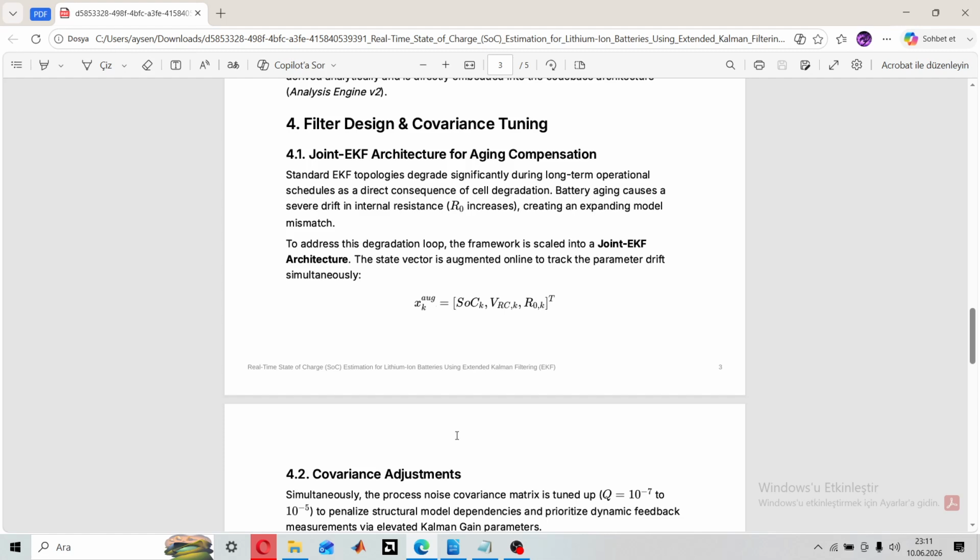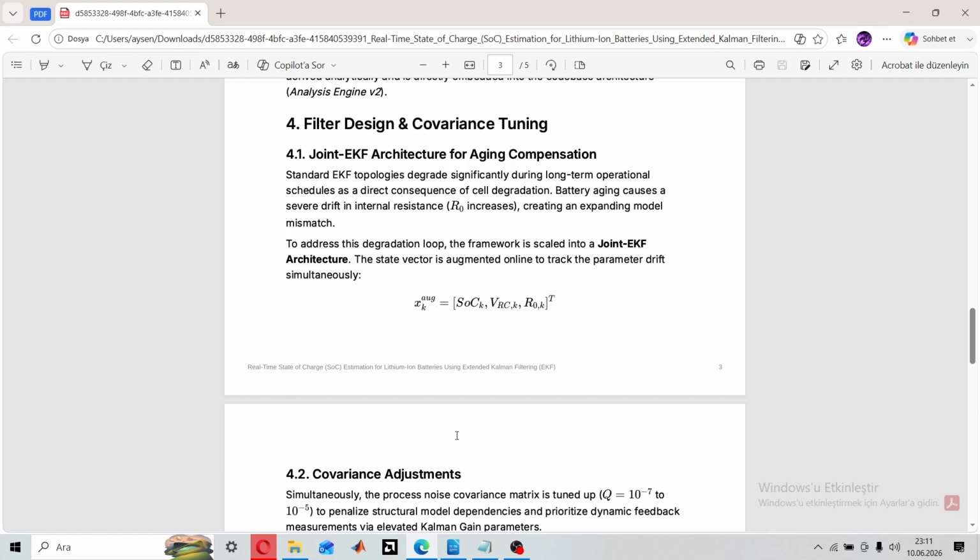So in real-world deployment, standard static EKF topologies degrade significantly during long-term operational schedules as a direct consequence of cell degradation. Battery aging causes a severe upward drift in internal resistance, creating an expanding model mismatch that forces the baseline EKF to eventually diverge.